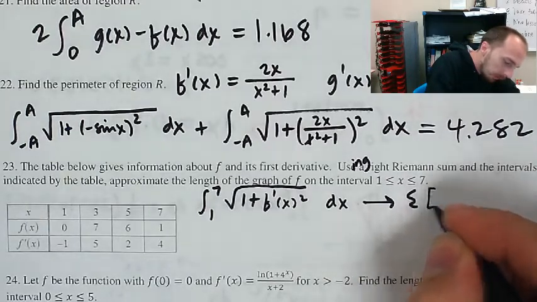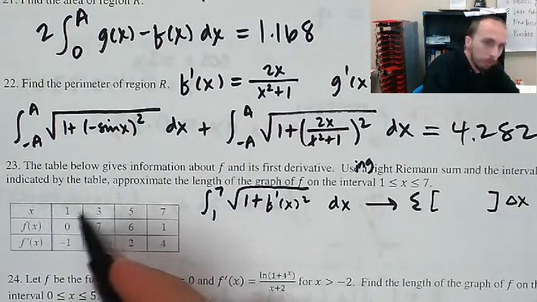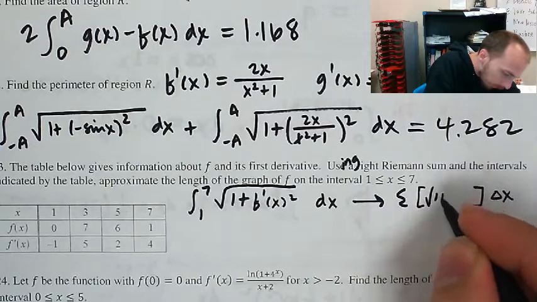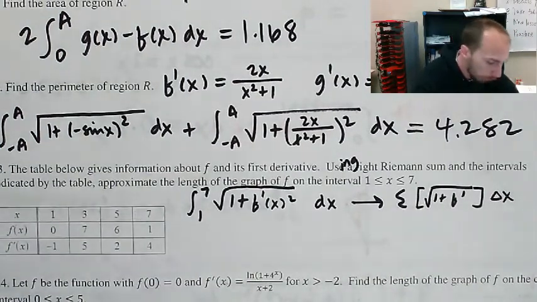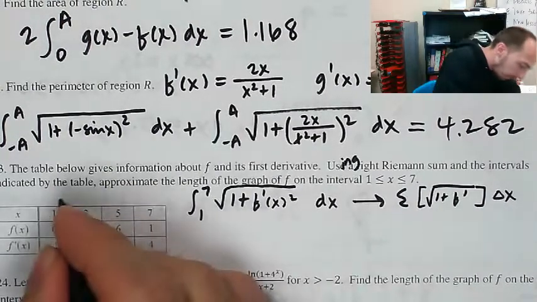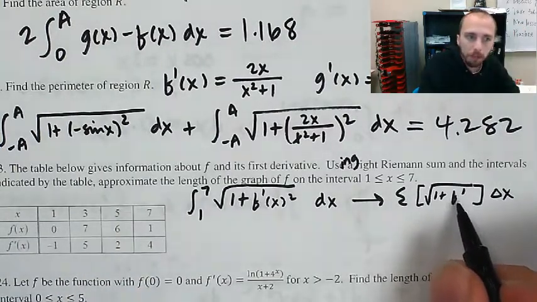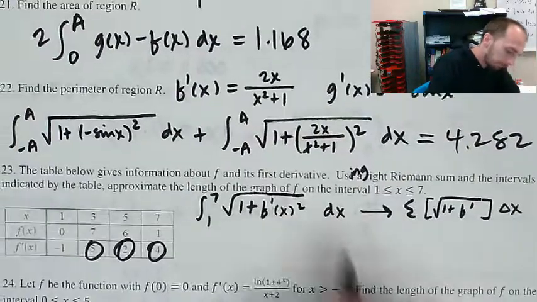So it would be the sum of rectangles that have width delta x, which we know how to find, and height given by the square root of 1 plus f prime at some particular point. If we're going to use a right Riemann sum, we need f prime at the right edge of each subinterval. So that would be 5, 2, and 4.